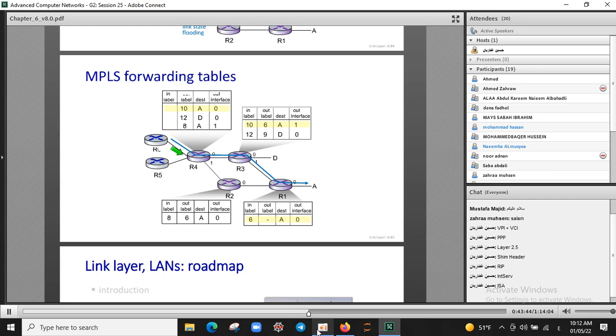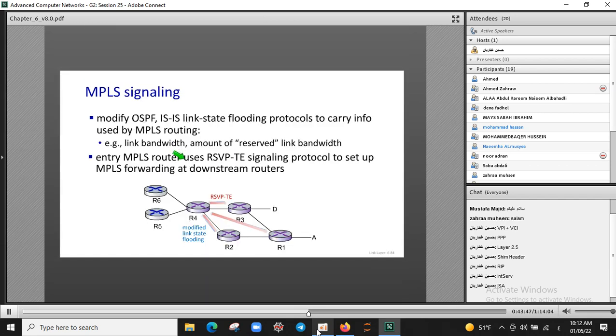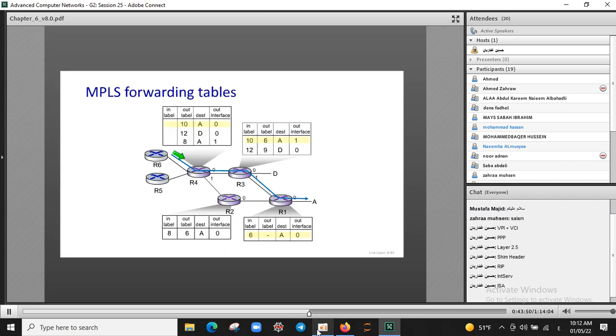When I'm entering into an MPLS domain, my packet does not have a label.